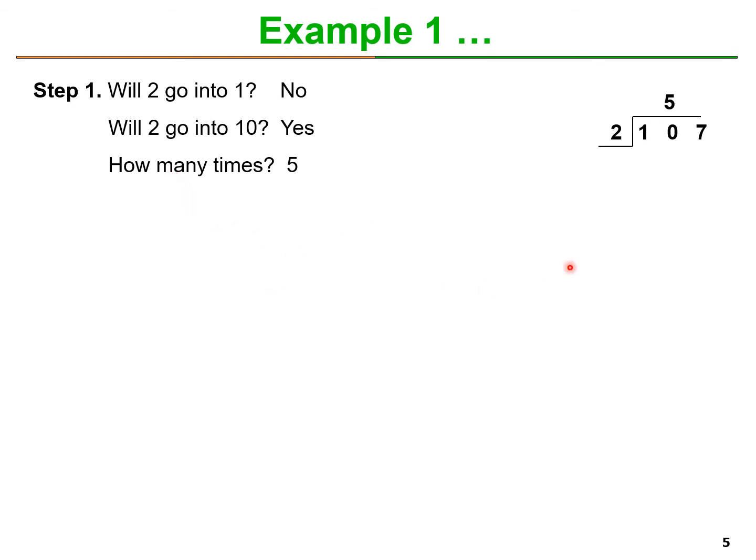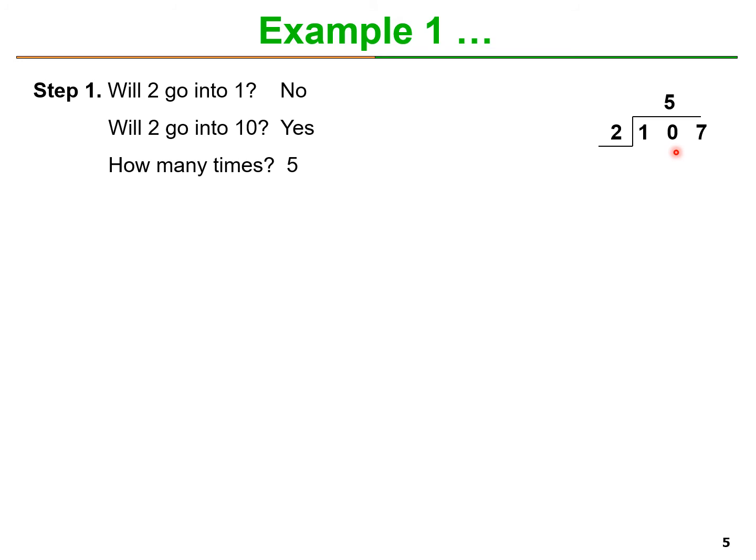At this point, we ask ourselves, will 2 go into 1? No. 2 is greater than 1. So we go over 1. So we consider the 1 and the 0 together, which is 10. Will 2 go into 10? Yes.